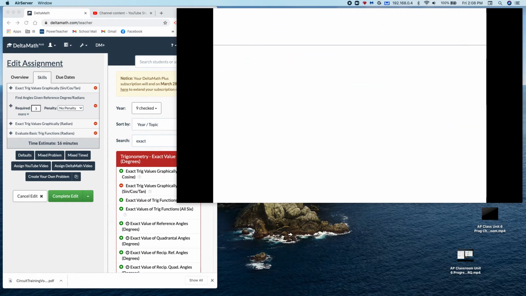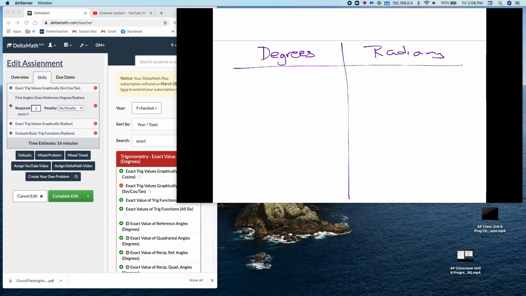So here's the gist of it. If we started to make a table and I said, okay, degrees, and then radians, and we thought about how those things get split up.